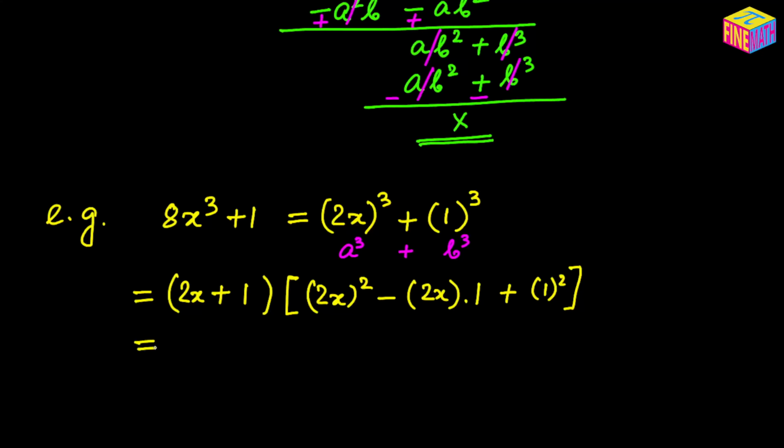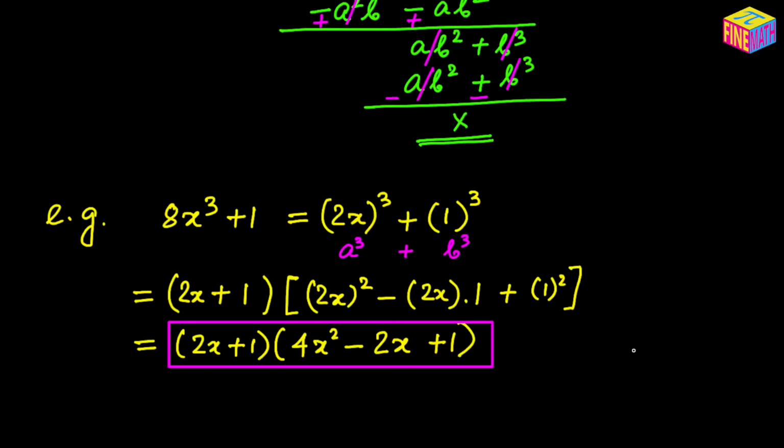So from here we can say okay, this must be equal to 2 times x plus 1 times 2x whole squared, that would be 4 times x squared, and then minus 2x times 1, that would be 2 times x, and then plus 1 squared which is 1. And that is the factored form of our original expression, which is 8 times x cubed plus 1. I hope it all made sense so far.